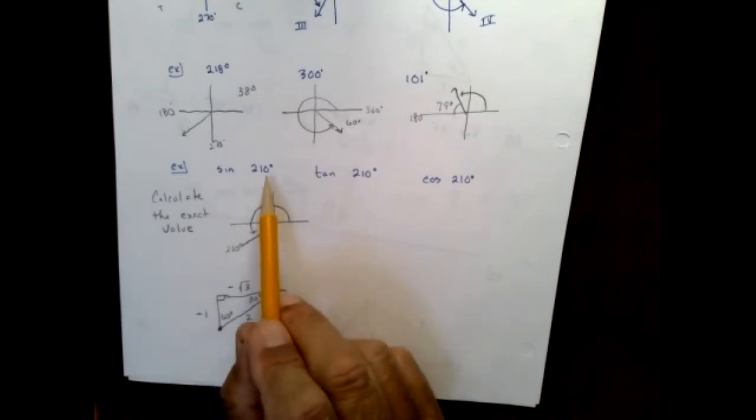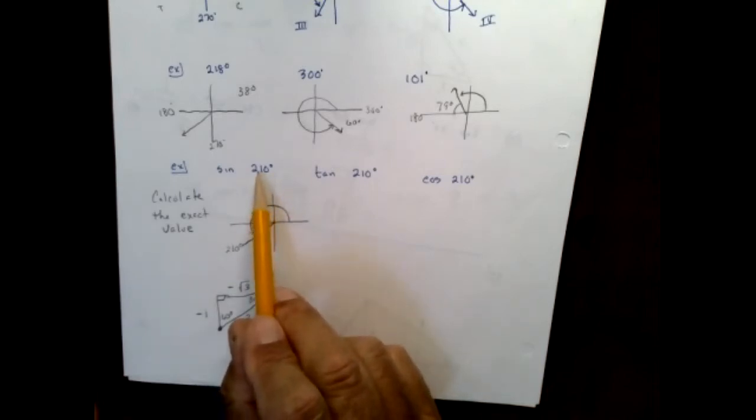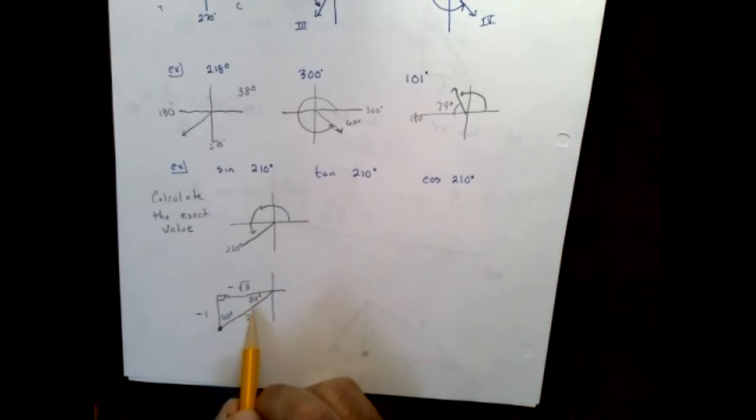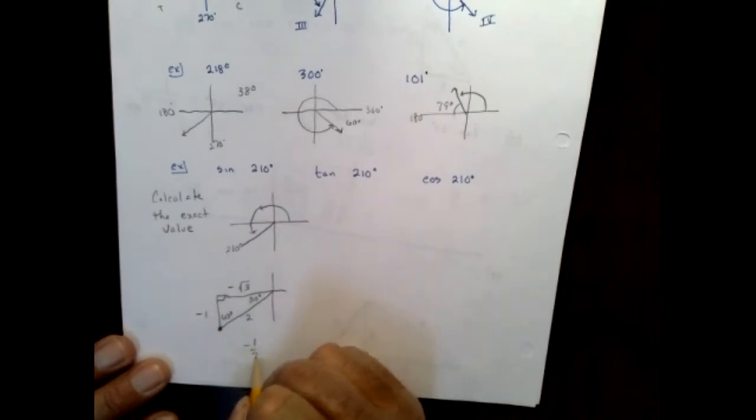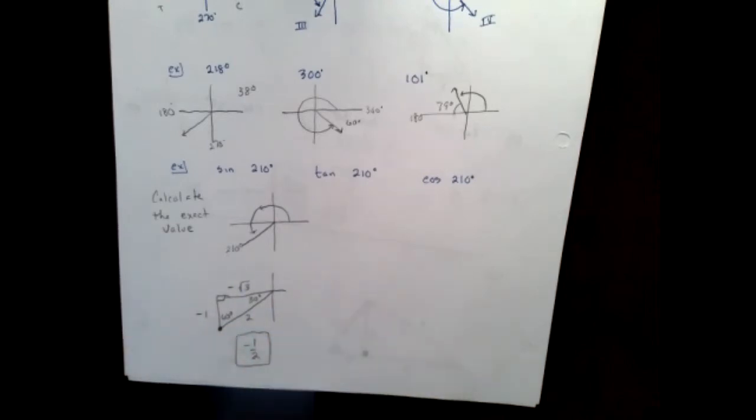So now if I want the sine of 210 degrees, I use this reference angle 30. Sine is opposite over hypotenuse, so -1/2. That's cool to me.